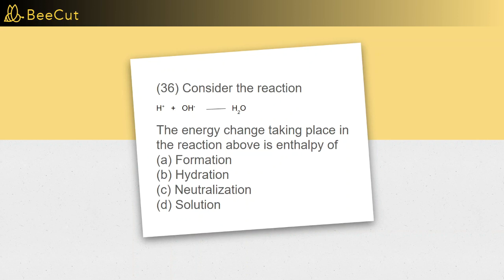The best option is C, which is enthalpy of neutralization. And this neutralization is talking about reaction between an acid, which is the hydrogen ion, reacting with a hydroxyl group that is base to form salt and water. C is the answer.